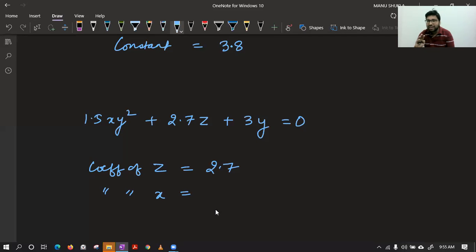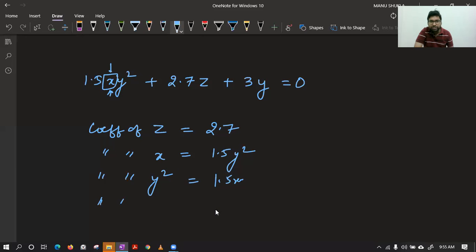Whatever is multiplying with x, that will be your coefficient. If I cover the x, what is left? 1.5y square. What is the coefficient of y square? It is 1.5x. Very good. If I want to ask the coefficient of xy square, it is 1.5. Very good.